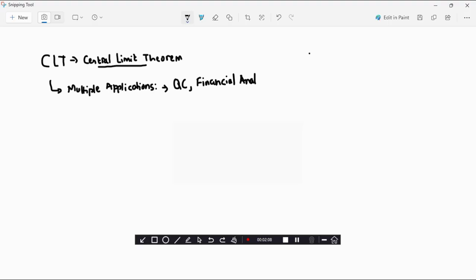If you can figure out the probability of something using central limit theorem, you'll know exactly how many units you need to buy to restock and to make sure that you will have enough units when you want to sell these units to your customers. So this will be financial analysis. You have surveys.